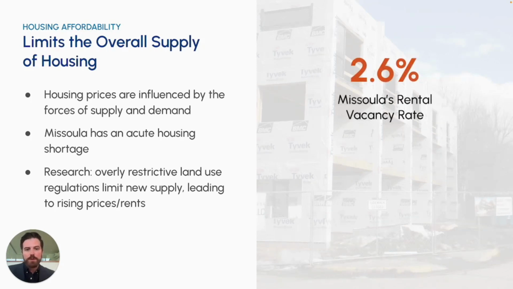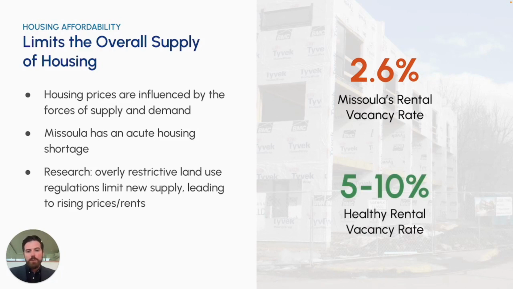For example, the current rental vacancy rate is 2.6%, but a housing market with a healthy supply of homes would have a vacancy rate of 5 to 10%. There's a growing consensus in economic research that overly restrictive land use regulations play a major role in housing shortages in many cities, which leads to rising prices and rents.